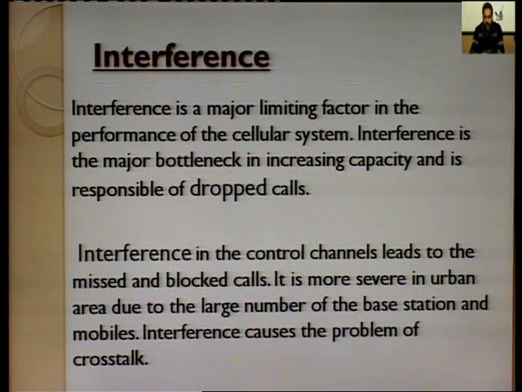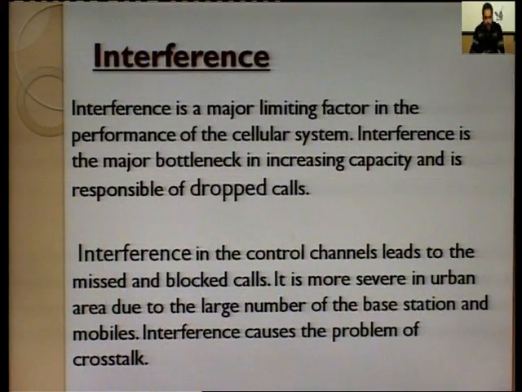So, we can say that interference is the major bottleneck in increasing capacity and it is also responsible for dropped calls, which means by this, calls are dropped.